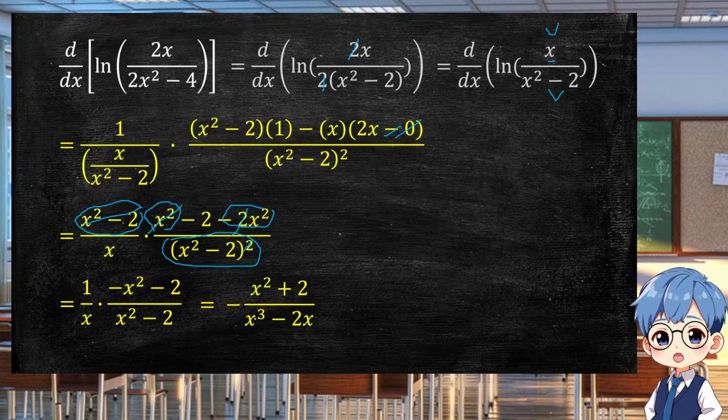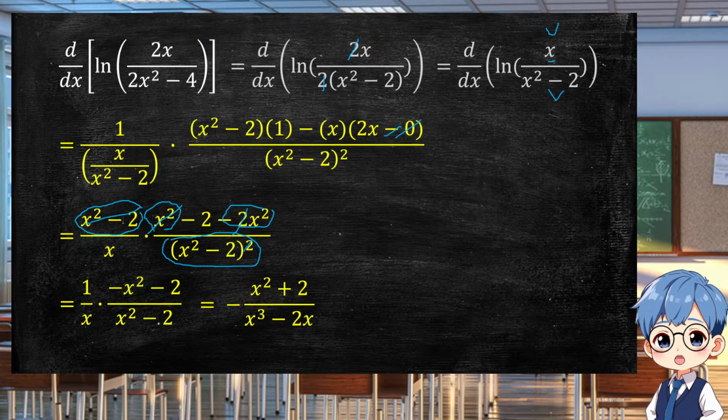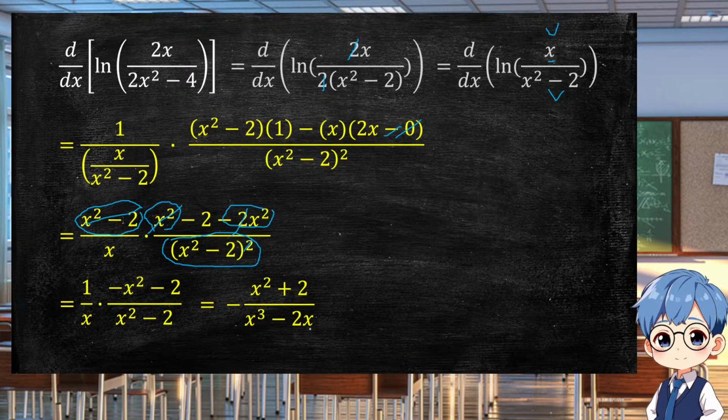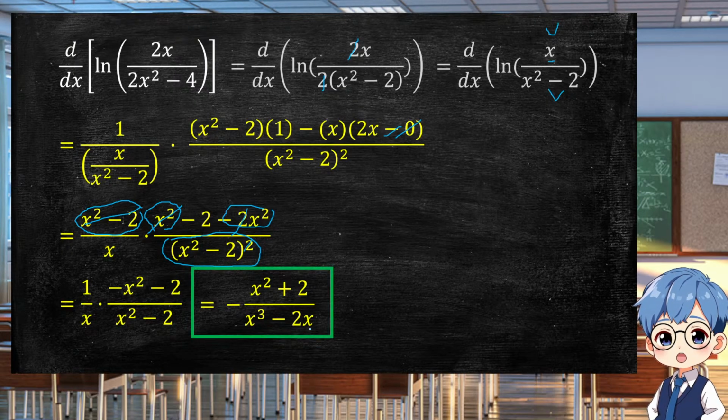That's why it becomes x cubed here. And here, x is being distributed to negative 2, that's why we have negative 2x. So that could be the final answer. Yeah, I think this is already the final answer. We don't have any factors to simplify further.